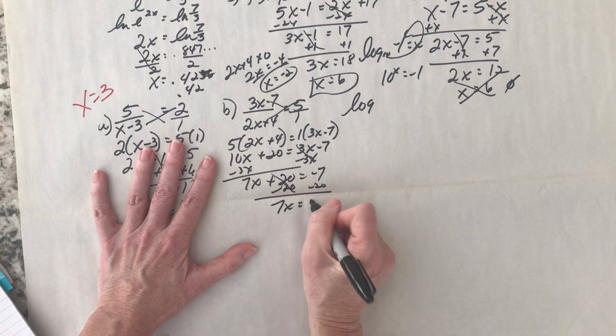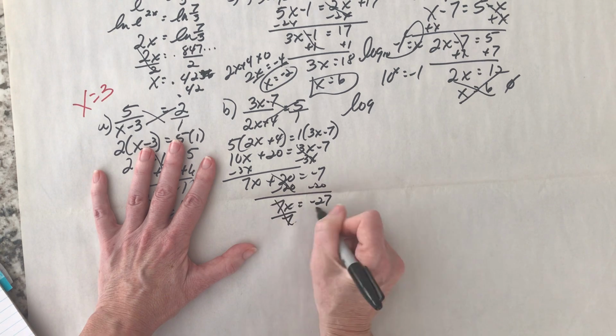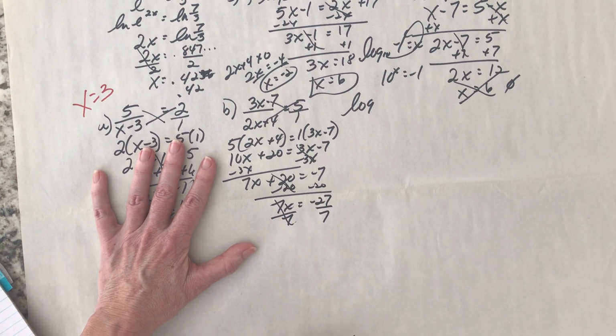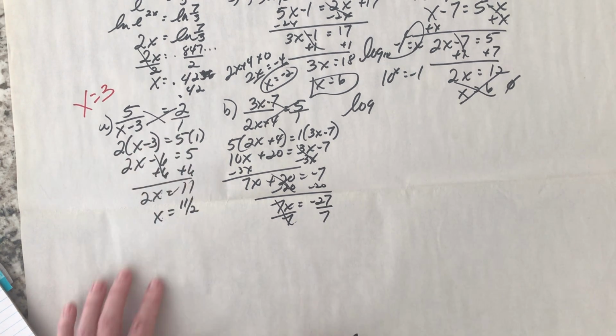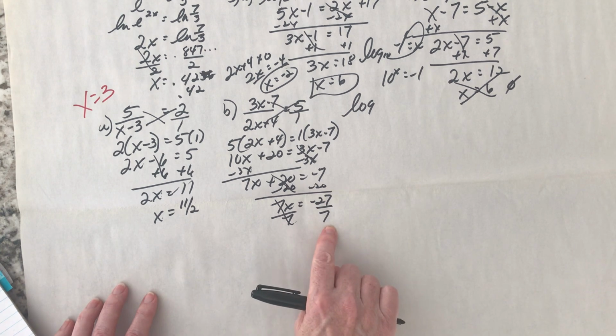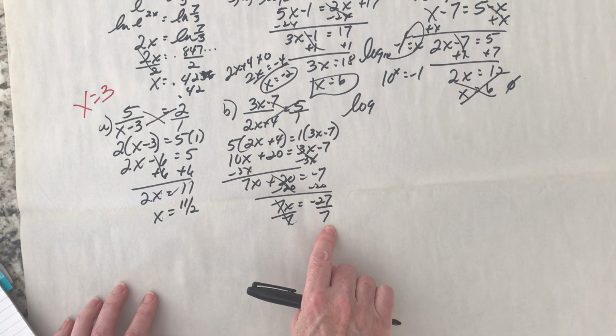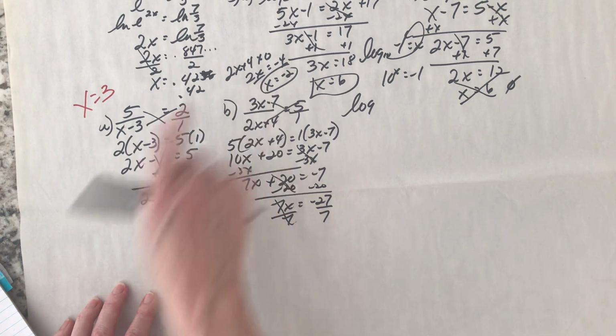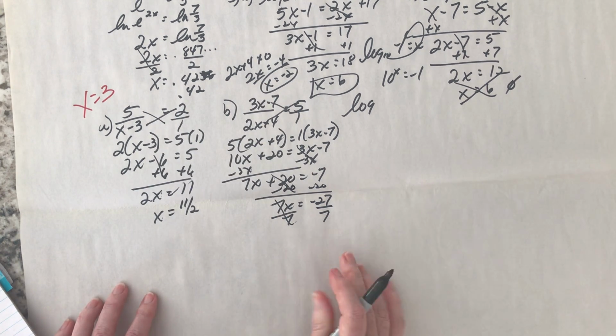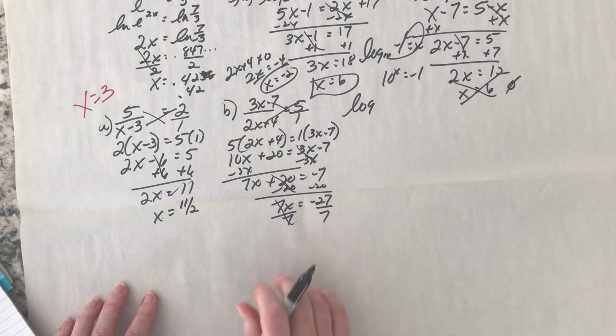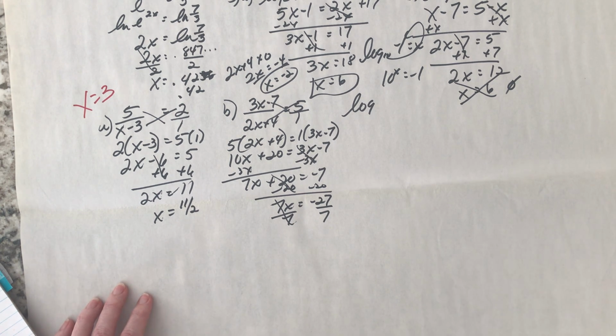And 7x equals negative 27. Divide by 7, and there's our answer. We get an answer of x equals negative 27 over 7. And it was not a negative 2, so we're good. And that's a good answer. Okay, so that is preparing you for what you'll see right now.